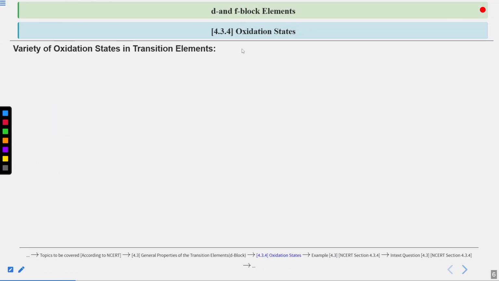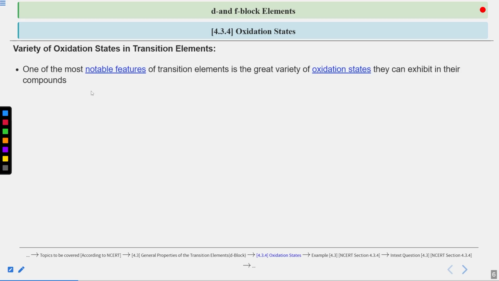The first topic, in subsection 4.3.4, is oxidation states. Now the variety of oxidation states which we can show in the transition elements. One of the most notable features of transition elements is the great variety of oxidation states they exhibit in their compounds.